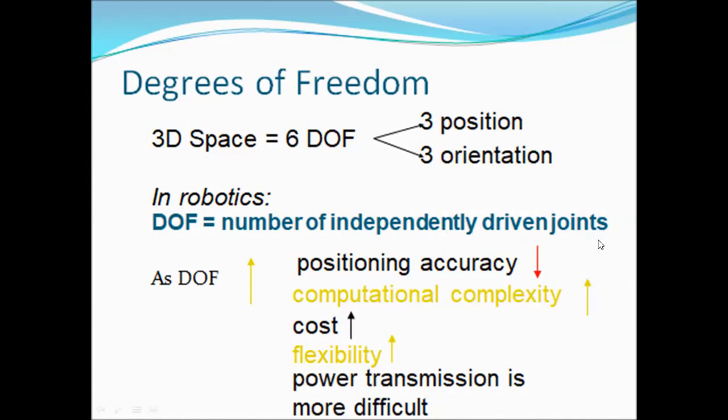Independent joints means the joint moves without any concern for the previous joint, in the direction which is required. Now consider the impact of the degree of freedom on a system: if the degree of freedom increases, the accuracy of positioning will decrease.